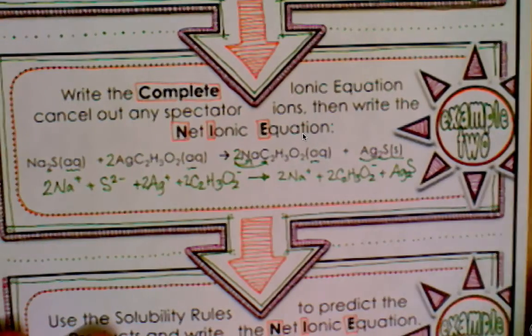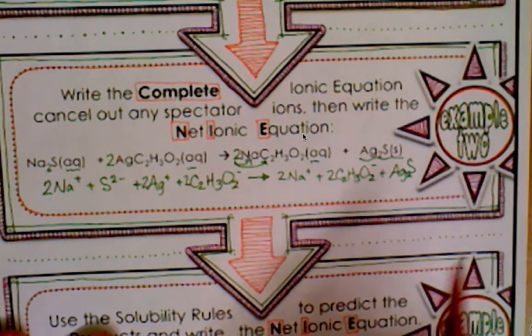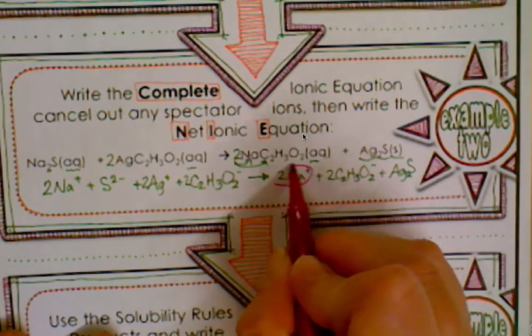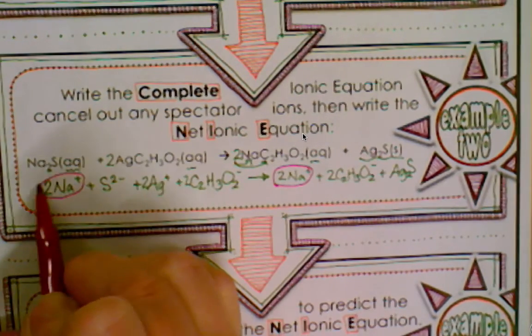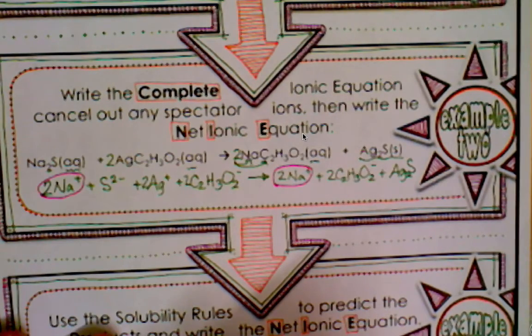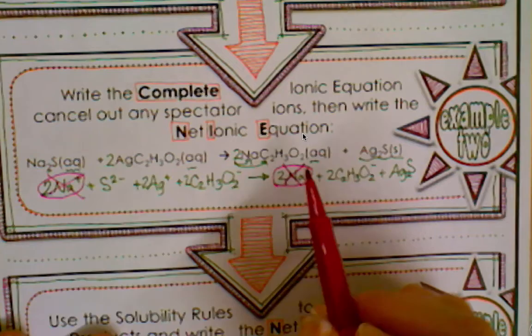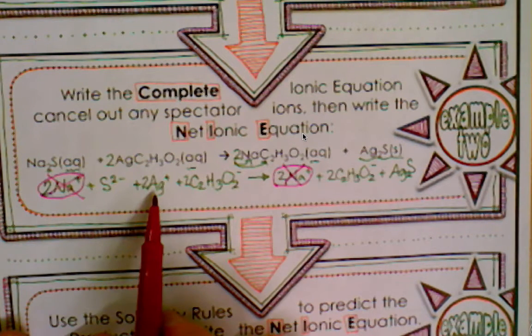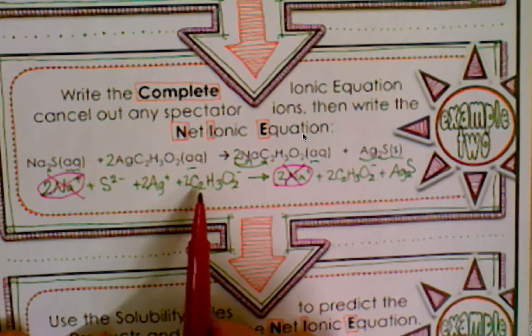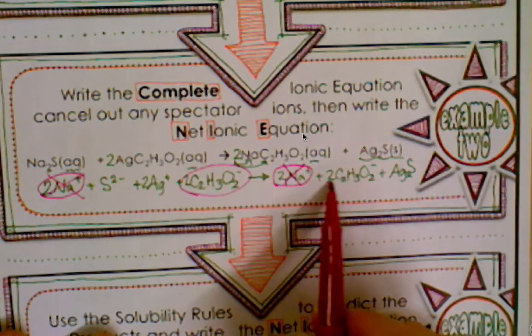Now I'm looking for spectator ions, the ones that look the same on both sides of the equation. So look at sodium, for instance. Sodium is exactly the same. It didn't do anything important. Cross it out. But the sulfur joined up with the silver, and the acetate looks the same on both sides. That's gone.